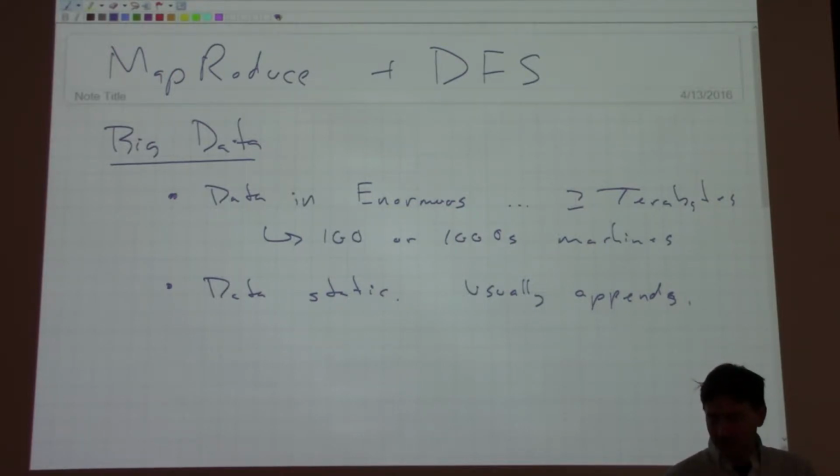And so this means that we don't necessarily need to go in and change something. We can store it and then it's there, and then we want to play with it afterwards. The appends are going to be easier to deal with than actually going and changing each of the pieces of data. You could do that usually with these systems, but you often don't have to worry about that, which makes it nice.